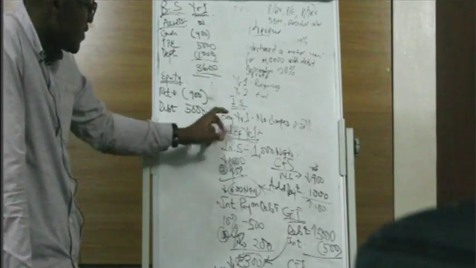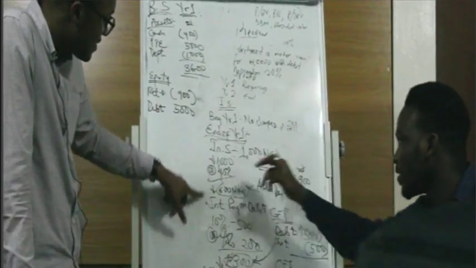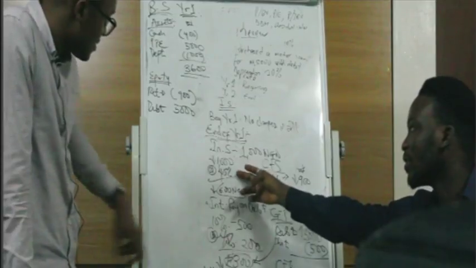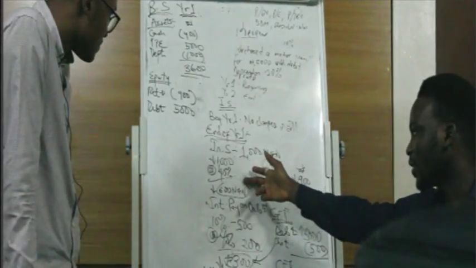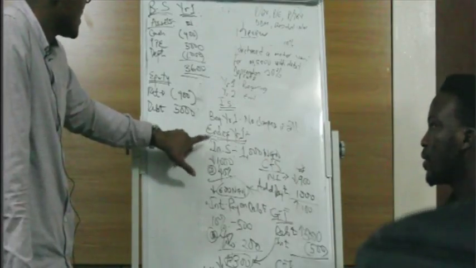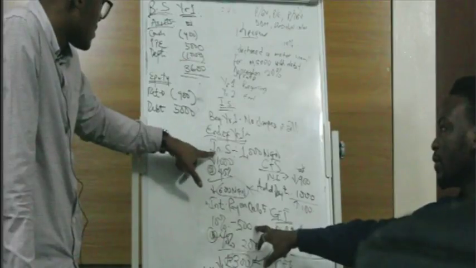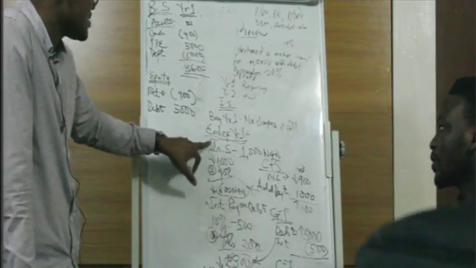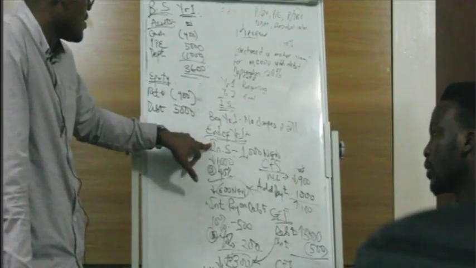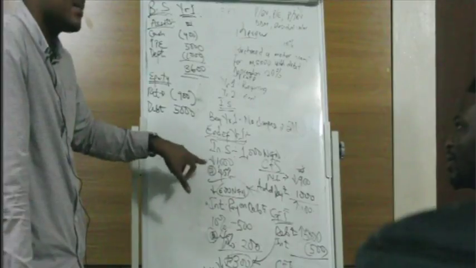What did you pay here? Is this your income statement? Where's your interest on the loan? This is depreciation, 1,000. And then why are you doing after tax effects of depreciation?